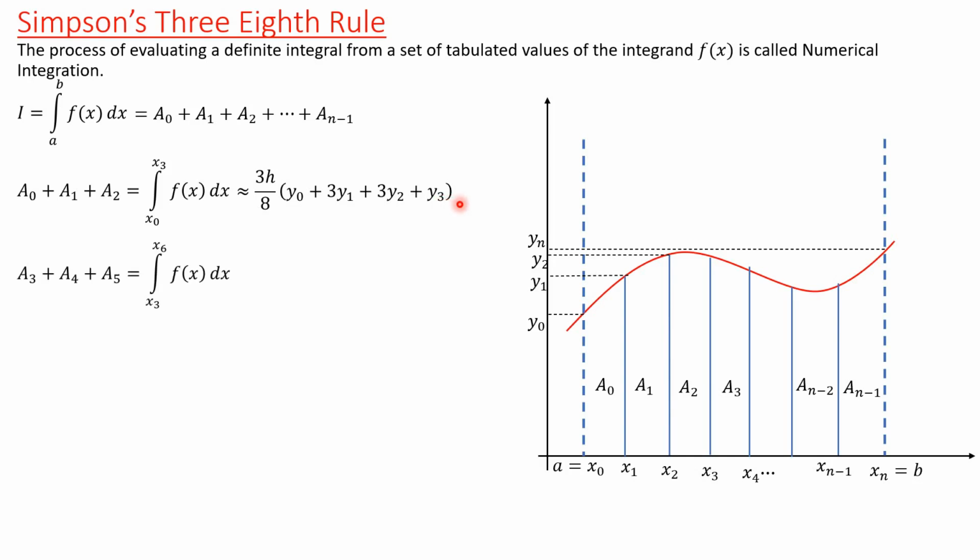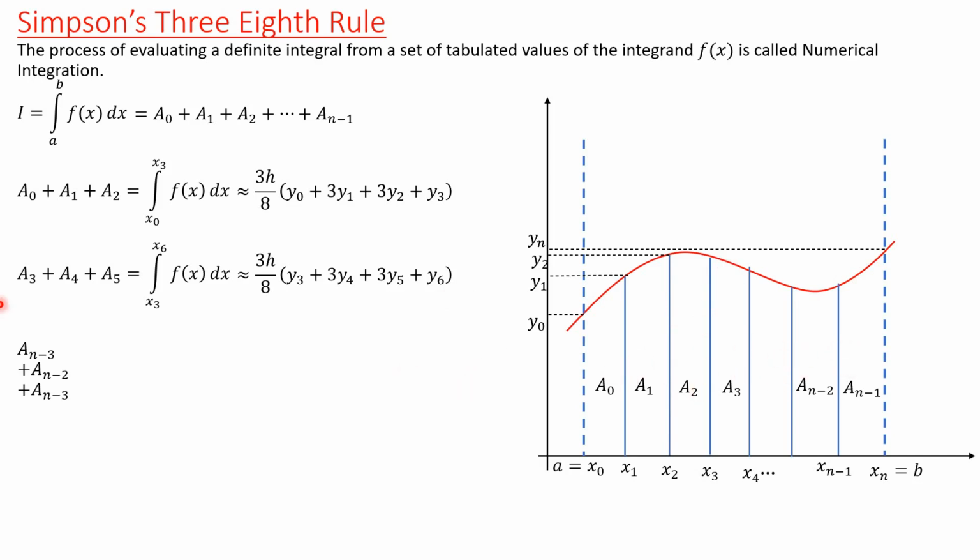Now what about A3 plus A4 plus A5, the next 3 strips? So it will be the integral from x3 to x6 f of x dx. This will be approximately equal to 3h by 8 times y3 plus 3y4 plus 3y5 plus y6. Likewise, we can find the areas of all these strips.